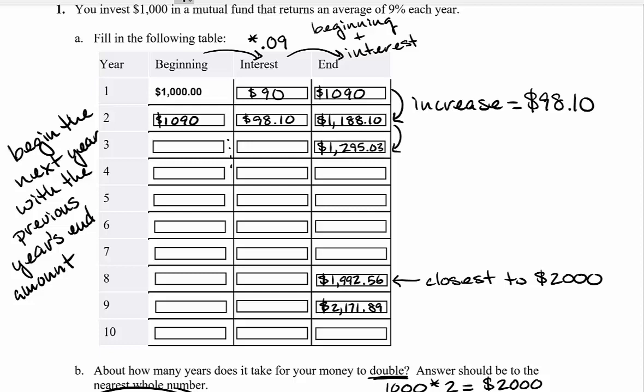From year 2 to year 3, the increase was, well, if you subtract 1,295.03 minus 1,188.10, you get 106.93. Those are not the same. If this was a linear function, the increase should be the same each time.